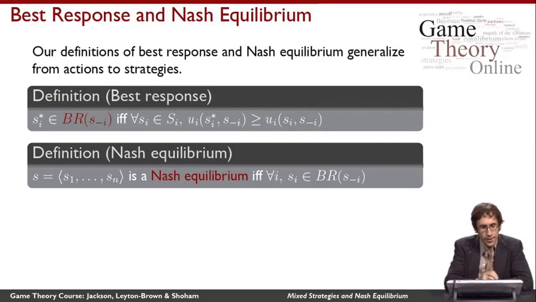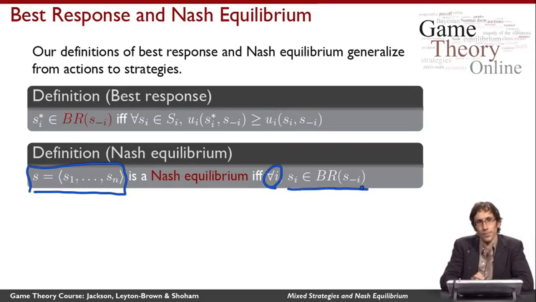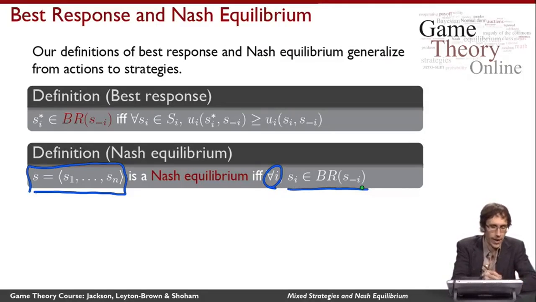Now we can say that a strategy profile S is a Nash equilibrium if it's the case that for all agents, everybody is playing a best response. Incidentally, you might notice that I'm using a set membership operator here rather than an equal sign, which is what you might have expected to see.